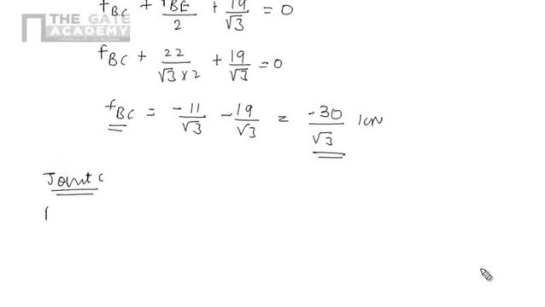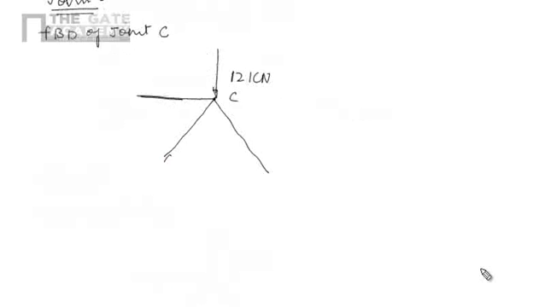Now for joint C, I'll draw the free body diagram. In joint C, the force of 12 kilonewton is coming here. There are three members shown in the figure. According to our assumption, all the forces are tensile, so the direction is away from the joint, away from there, away from there.